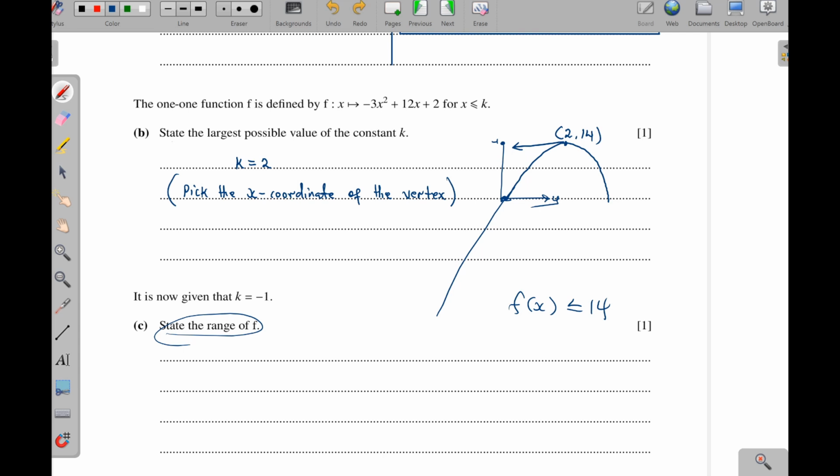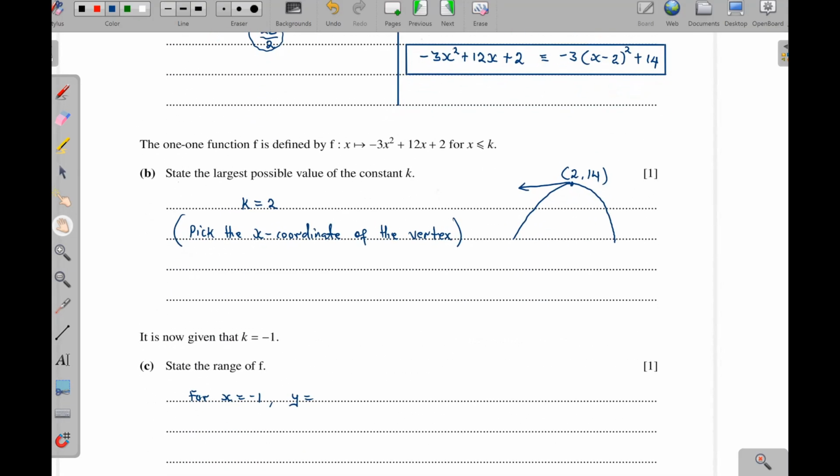You see that? So what we are going to do is to get the value of y when x is -1. So we shall say for x which is equal to -1, then y shall be equal to, we can use the completed square format. We can use this one, no problem.